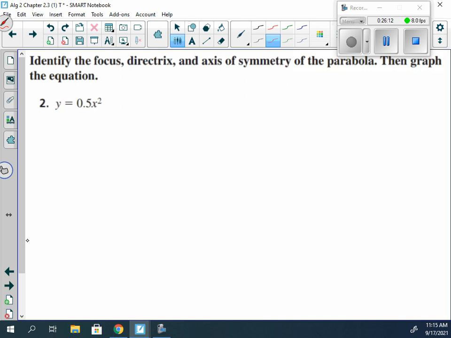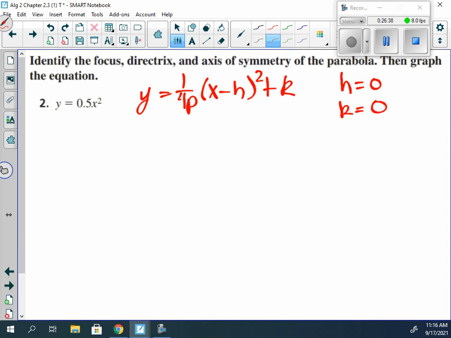What term is being squared? X squared. So we're really going to be looking at y is equal to 1 over 4p times x minus h squared plus k, yes? Or really, since h and k are both 0, because for these here the vertex is at 0, 0.